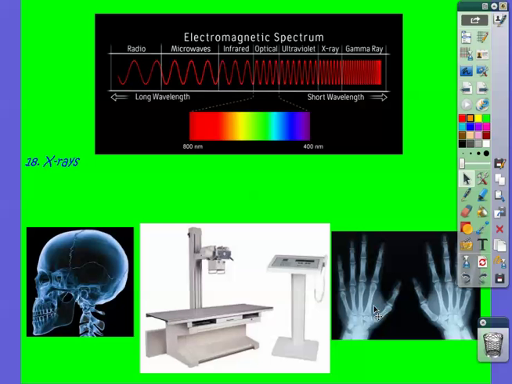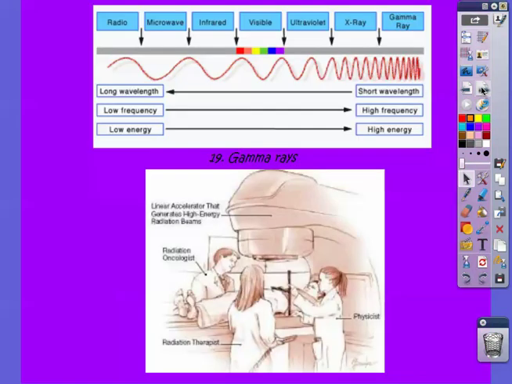So, all right, the last type of wave that you need to be familiar with from the electromagnetic spectrum are the gamma waves, or gamma rays. And these are rays that have very, very high frequencies, a whole lot of energy, and exposure to these in even moderate amounts can cause cancer, but they can also be used to treat cancer.